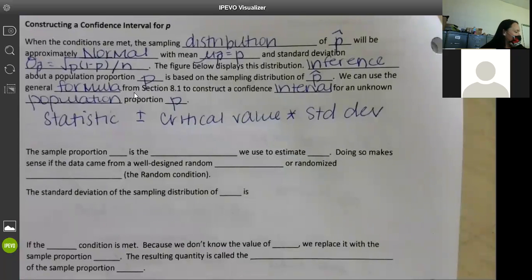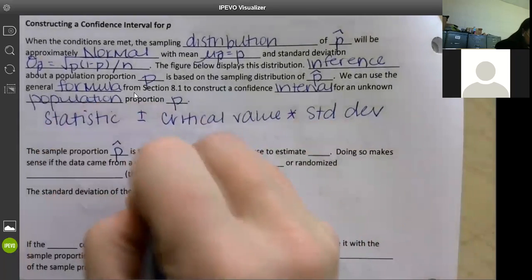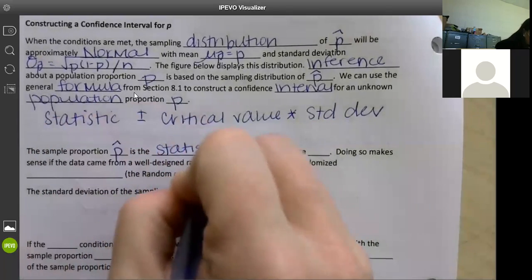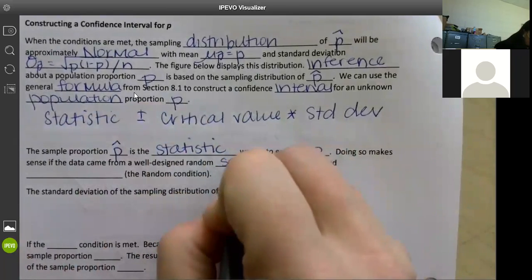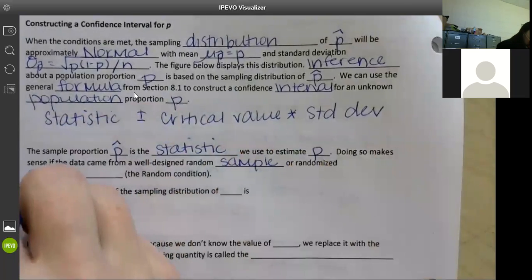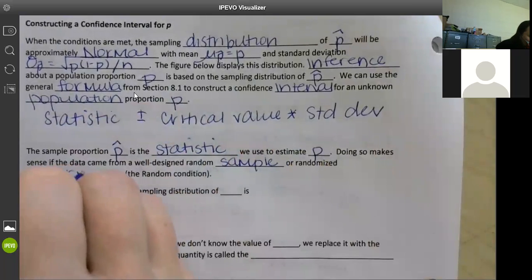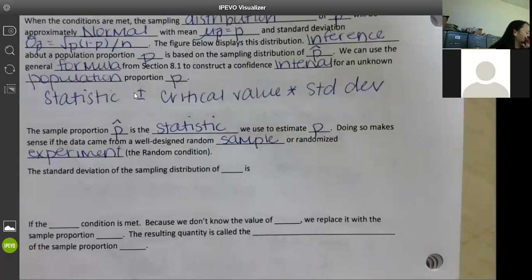The sample proportion P hat is the statistic that we use to estimate P. Doing so makes sense if the data come from a well-designed random sample or a randomized experiment. So again, the random condition is met.